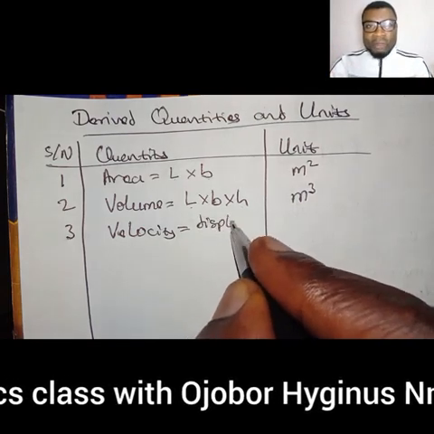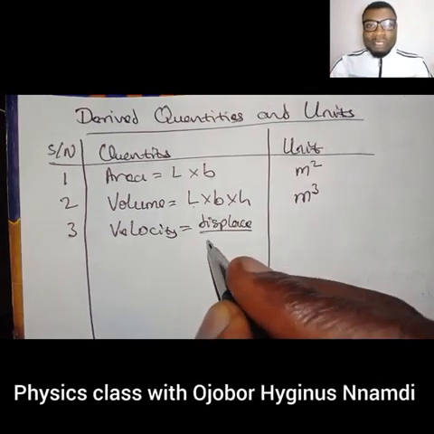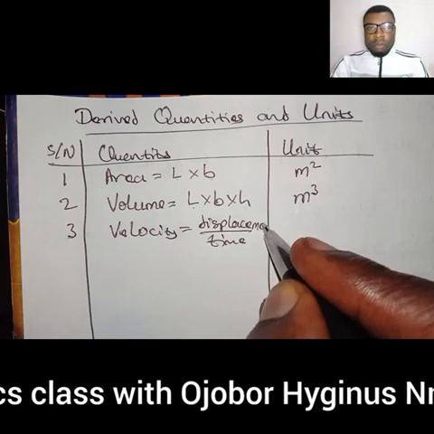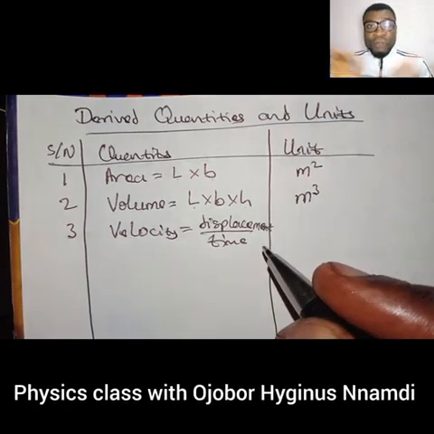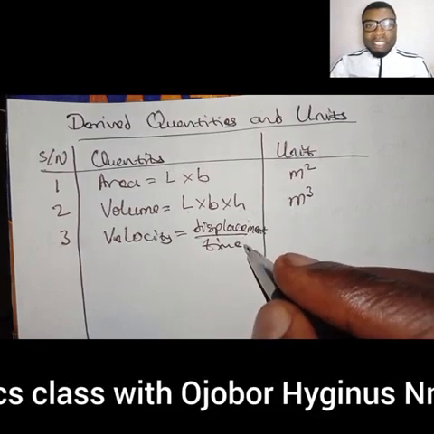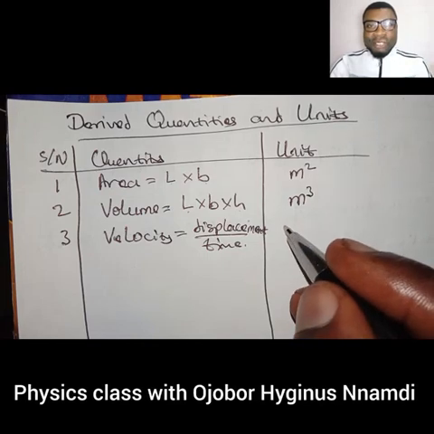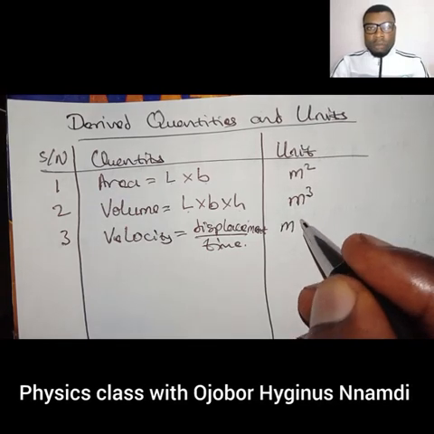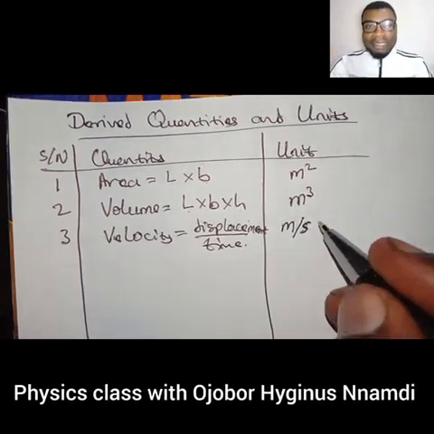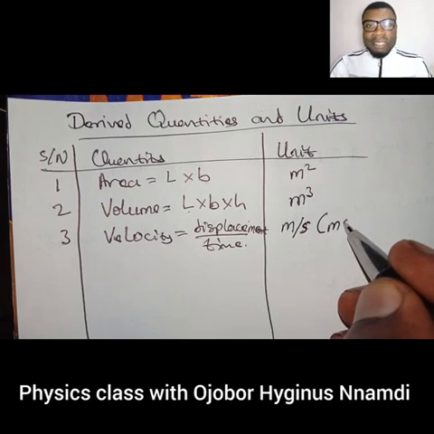Velocity is displacement all over time, and the displacement is a type of distance, but a directional distance, and distance is in meters, time is in seconds. From our fundamental quantities, we now have meters over second, read as meters per second, which we can as well write as ms raised to power minus 1.